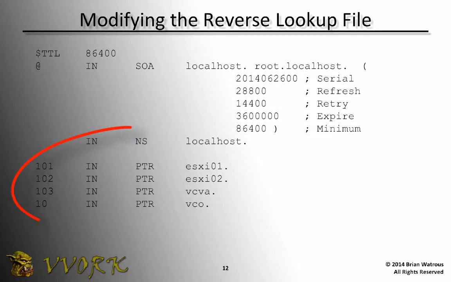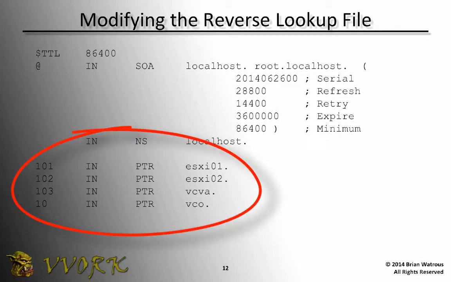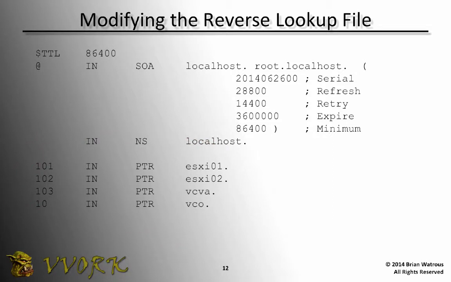It uses pointer records instead of A records to indicate that if somebody's doing a lookup for, for instance, 172.16.245.101, then this DNS server is supposed to respond with esxi01.vvork.info. So that's what's going on in this particular file called the reverse lookup file.